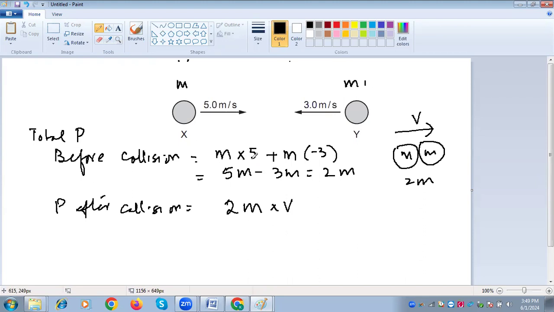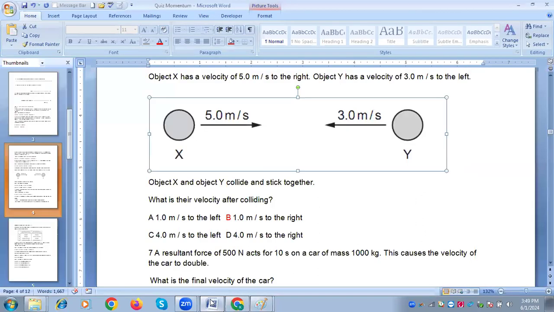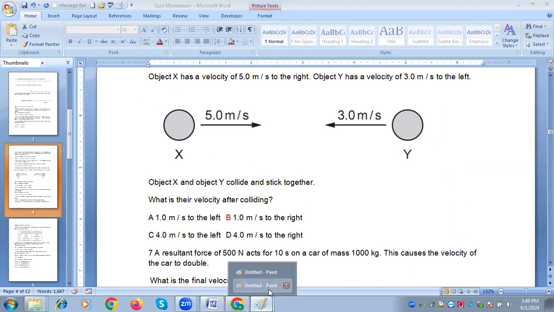Five m into 3, 5m plus 3m, so that is 2m. And after the collision, they stick together, and they will go with what velocity? This is to be found out.